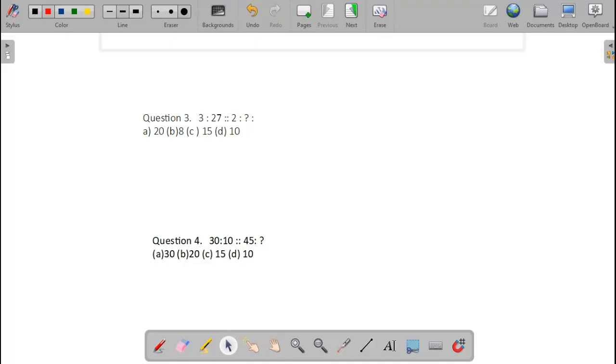(27) and 2 is to what? Now here we know 3 cube is equal to 27.